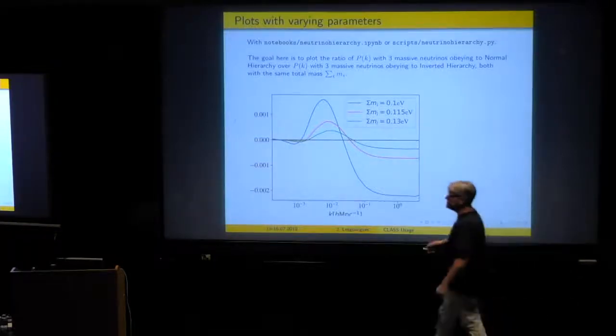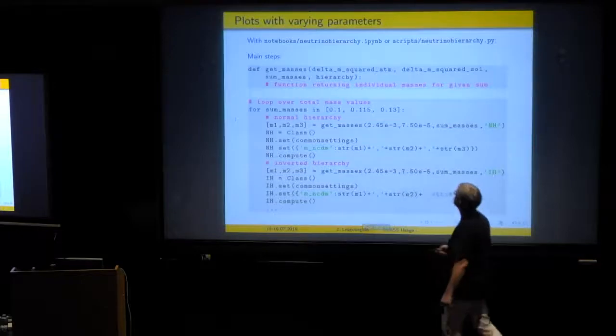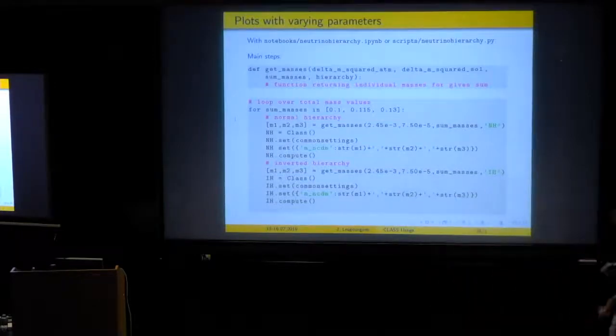So how do you get this plot? It's again a script where you loop over values of parameters. But here, because you are in a Python script, you can do something sophisticated, which is to define and call a function giving you neutrino masses. So in this example, it's also a way to see how to set things with neutrino masses.